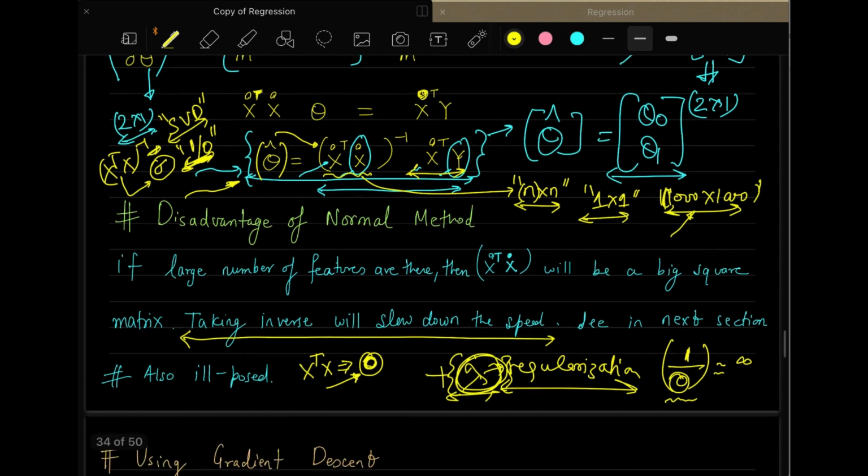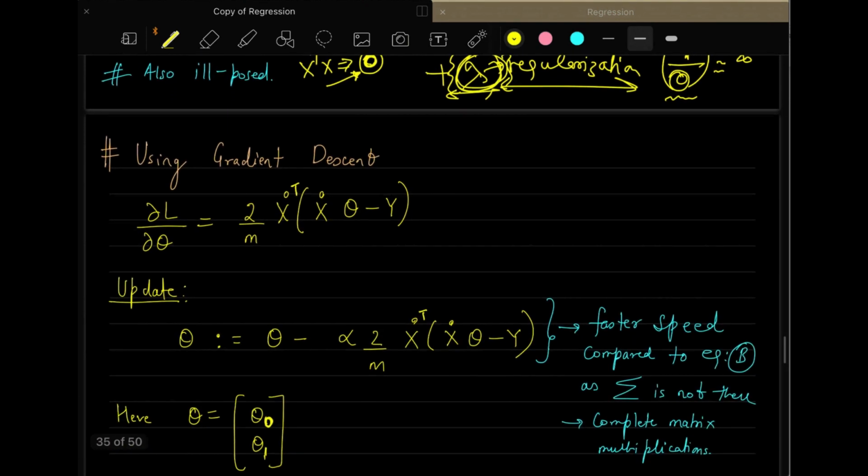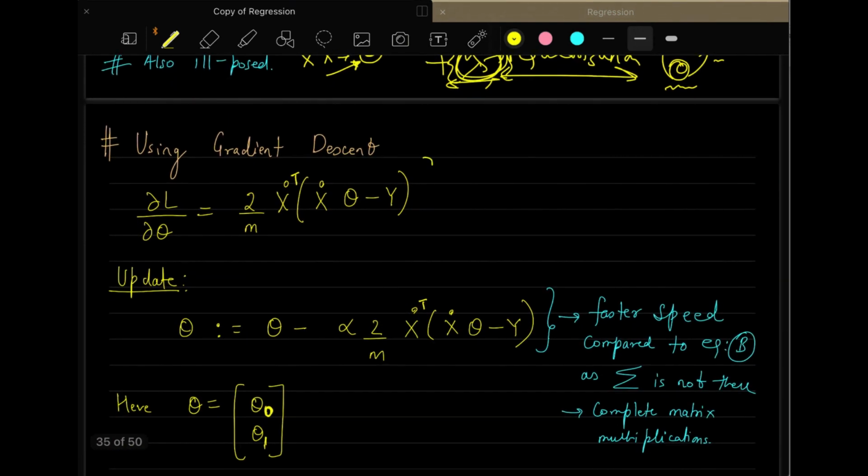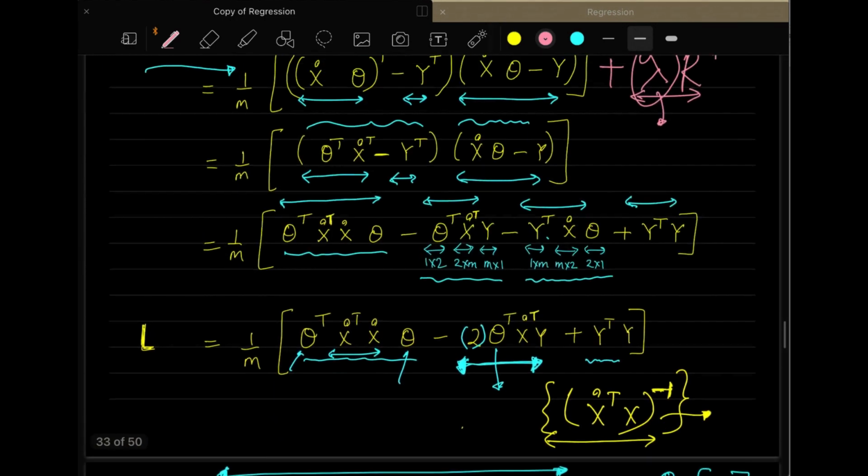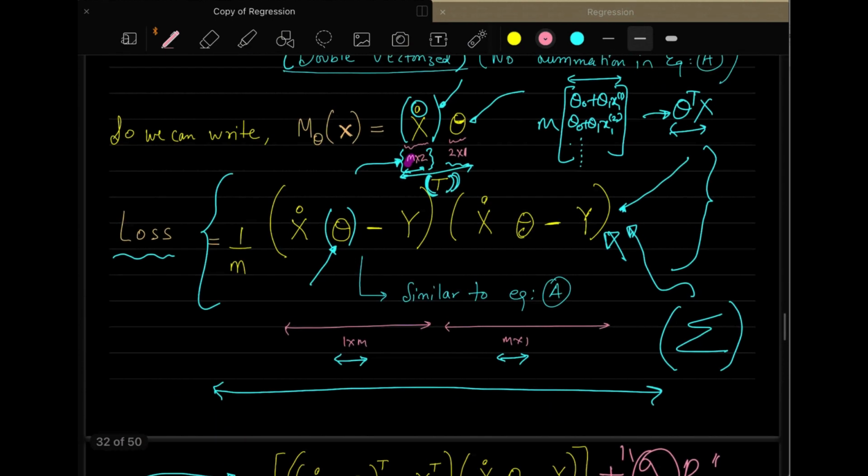So what is the solution? The solution is nothing but to use gradient descent, and this is also simple. You take the derivative of the loss with respect to theta for this expression, and it will be very simple.